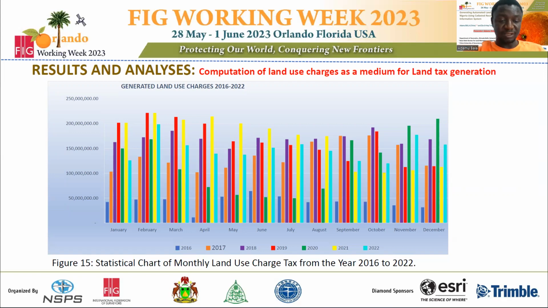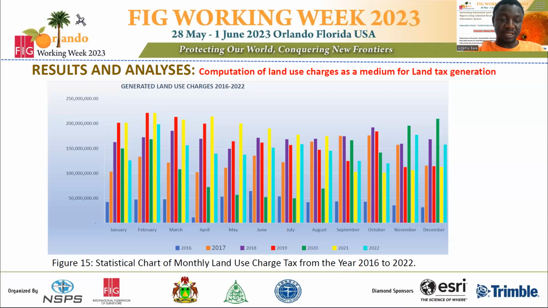Like for January of the year 2016, the tax was almost below 50 million. And if we look at the month of same January of 2021, the tax hit almost 200 million.